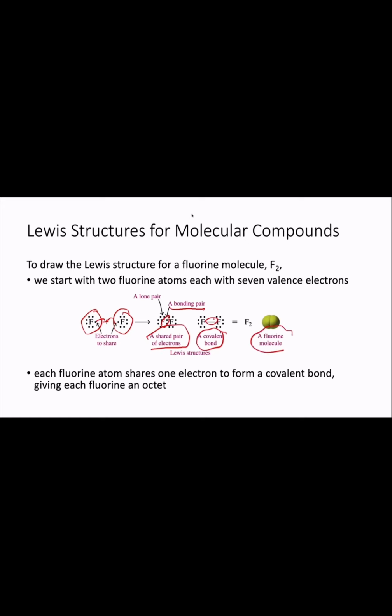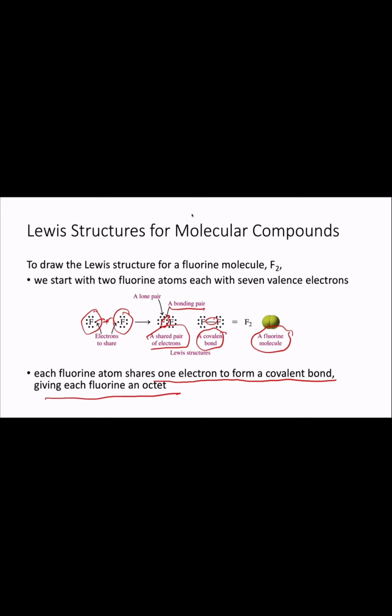The same thing happens with hydrogen. When you combine those together, the energy is going to be lower, there's stability, and it's going to have noble gas configuration for both fluorines. Each fluorine shares 1 electron to form a covalent bond, which gives each fluorine an octet, and they are going to be happy.